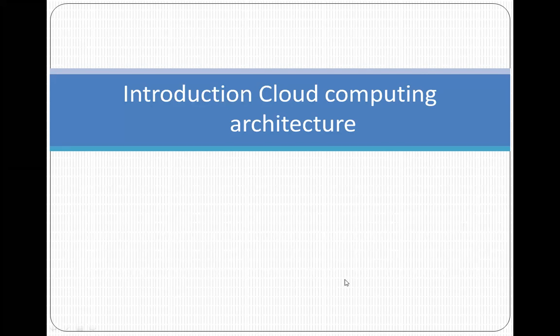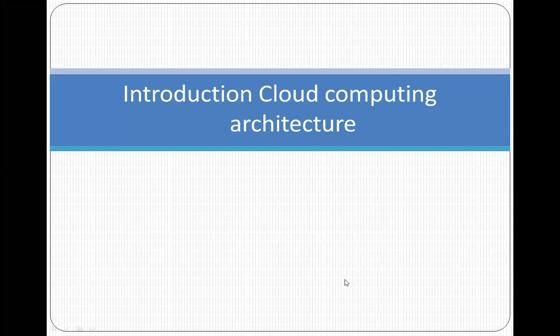Now we are moving towards the next topic, and that is cloud computing architecture. We have discussed the two models, the service model and the deployment models. But how are these service models and deployment models used by various people at various levels, in SaaS or PaaS, or public, private, hybrid, or community cloud?